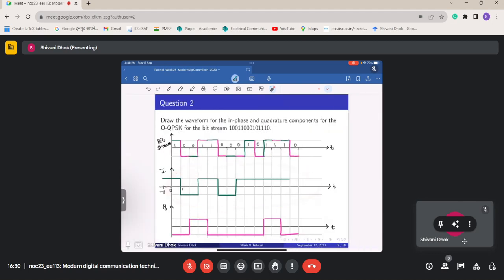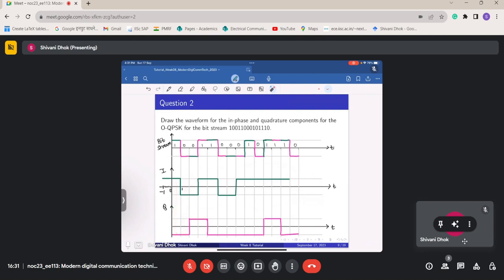By doing so, when we choose a waveform, it will change by just 1 bit. Here we are having 0, here 1 0, then 0 0. So in this 2 time slot duration, only 1 bit is changing.